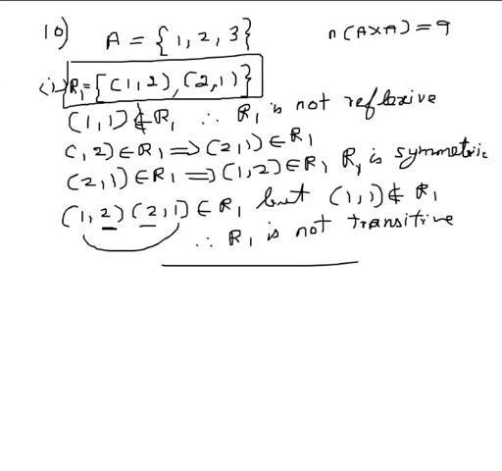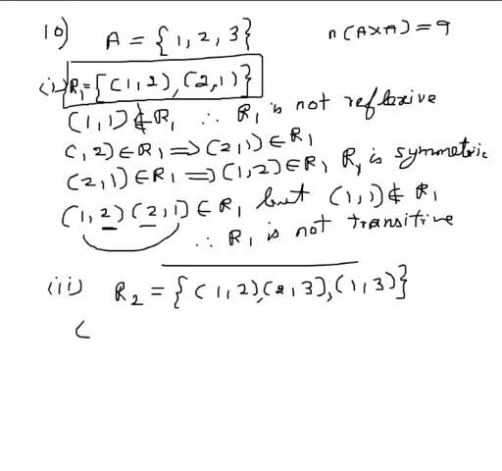Now the second example, let me name it as R2. I have to give a transitive relation, but neither reflexive nor symmetric. Okay, let me take 1, 2, 2, 3 and 1, 3. So it is not reflexive because 1, 1 is not there, because the given set has 1, 2, 3, right?